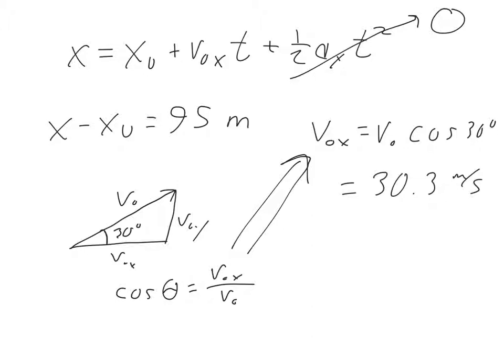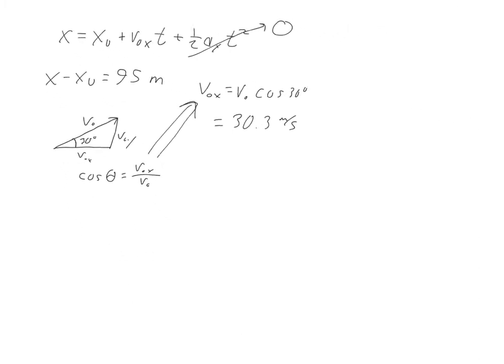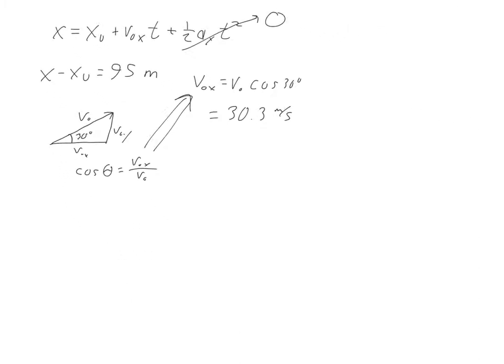All right, so we can now use that information and plug it into our kinematic equation here and try to solve for time. So let's make ourselves a little bit of space. We're going to have our x minus x naught equal to v naught x times time.